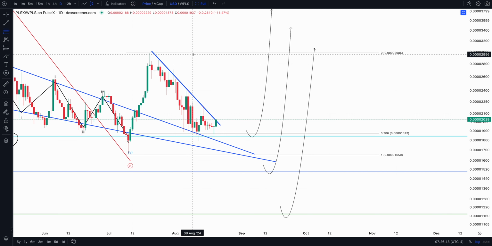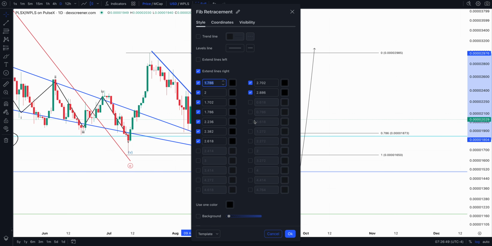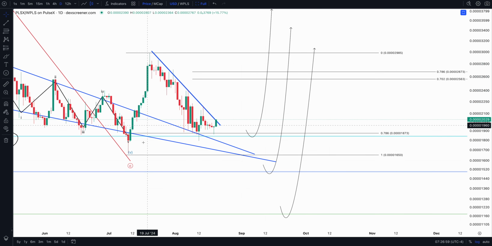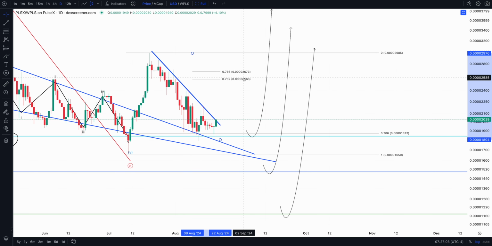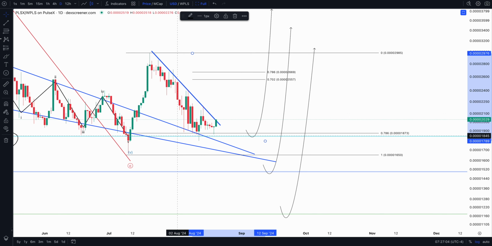Going forward, what PulseX bulls would want to see is a move above the 78 and 70.2% fib right over here.